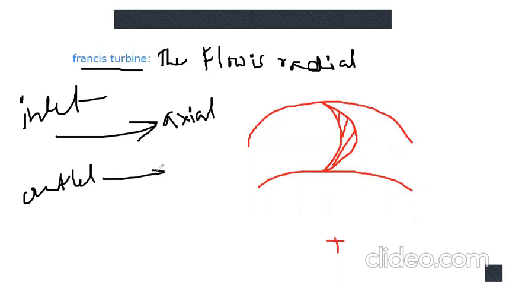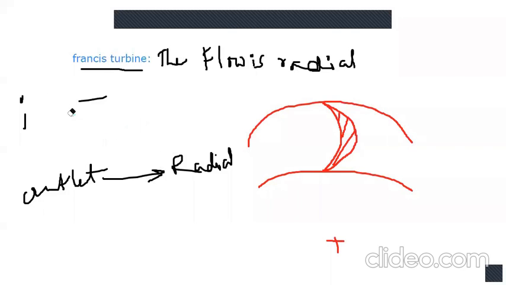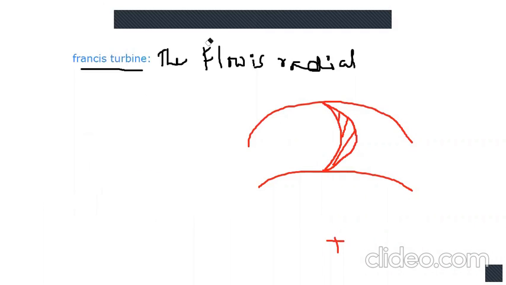Sorry, I told you the opposite. The inlet is radial and the outlet is axial. Sorry, the inlet is axial and the outlet is radial. Now draw the diagram.